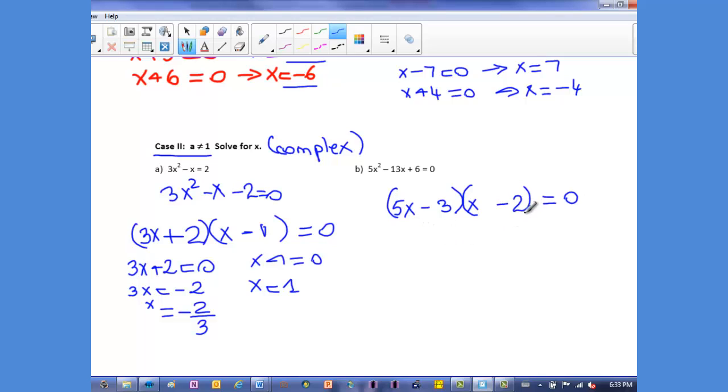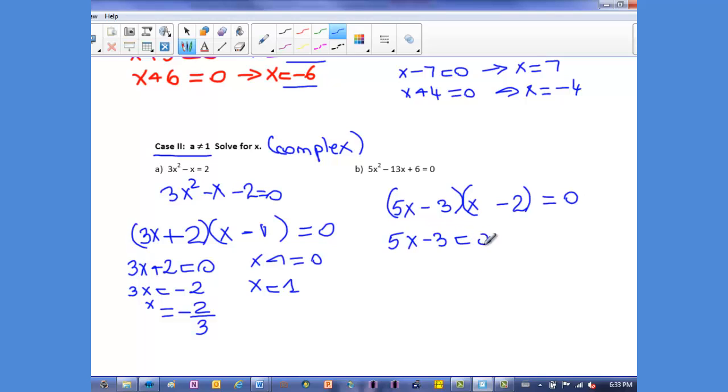And when we're doing the verification, we have 5 times negative 2 is negative 10, plus negative 3, it gives us negative 13x. We're going to set up the first bracket as a linear equation.